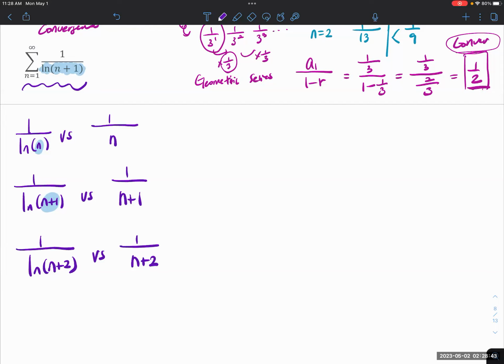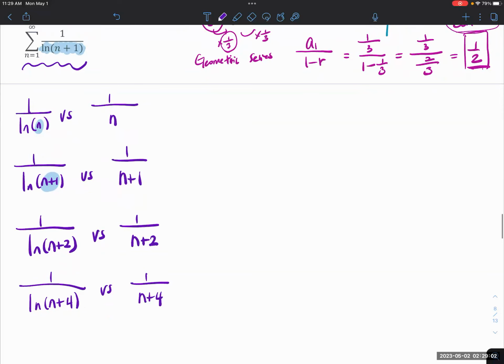Because if you take the integral, you go back to n plus 1 over n plus 1, n plus 2. So that's where the relationship comes from. But just be aware, this is a little bit of technique. If I have 1 over ln n plus 4, you compare with 1 over n plus 4.